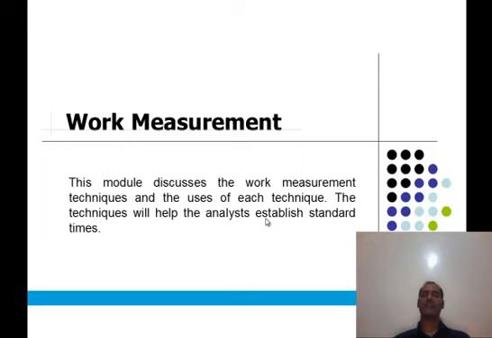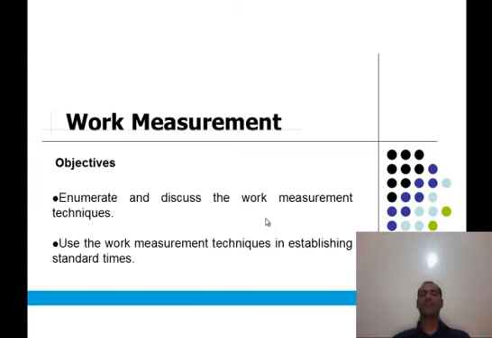This module discusses the work measurement techniques and the use of each technique. The techniques will help the analyst establish standard times. So the standard times will be determined by the techniques of work measurement, which are work sampling, stopwatch, and predetermined standard time.